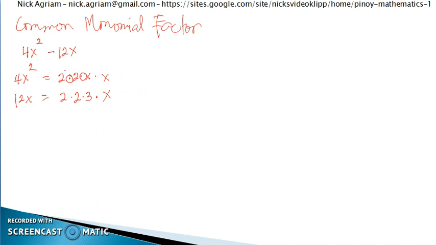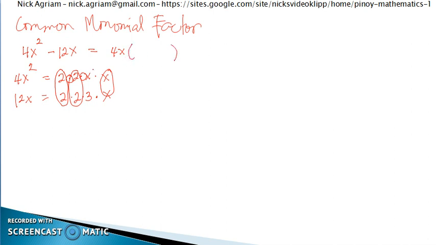That means my common factor is: I have 2 there, I have 2 there, and I have x there. So my common factor is 4x. That 4x will stand alone, and I have a parenthesis.